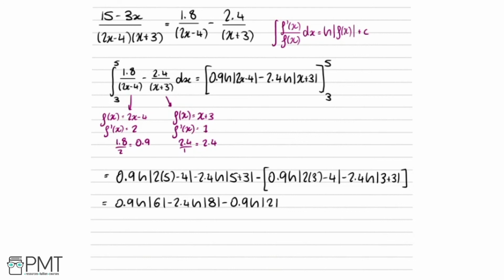And then because it's a negative times a negative, we'll get plus 2.4 and the natural log of 6. So we can combine both these terms quickly. So we'll have 0.9 plus 2.4, which equals 3.3, ln 6, minus 2.4 ln 8, minus 0.9 ln 2.